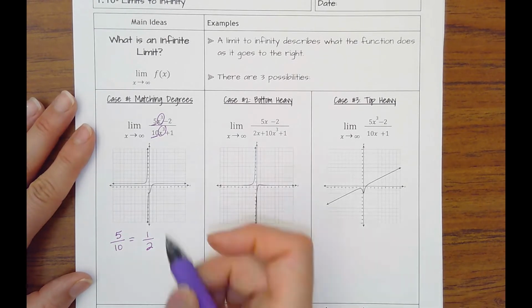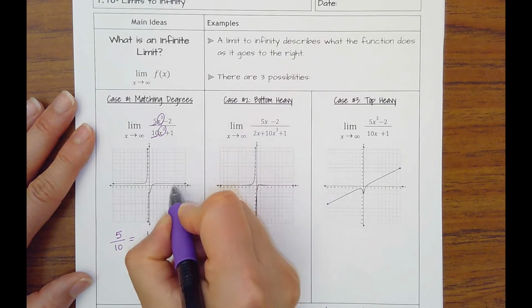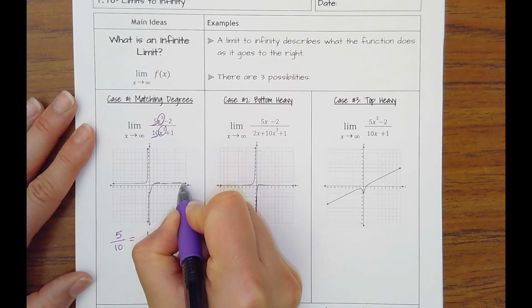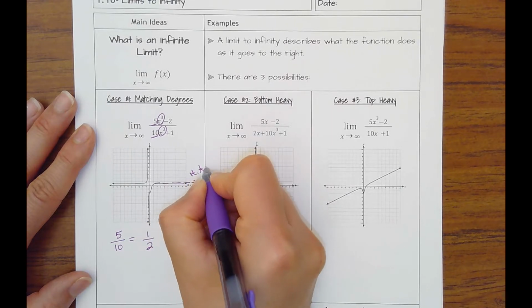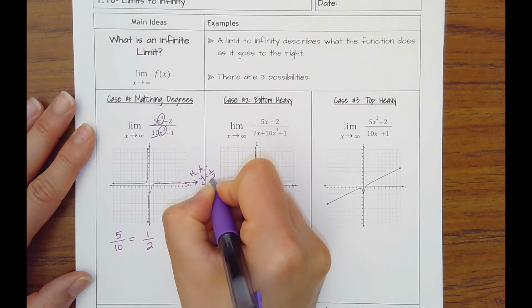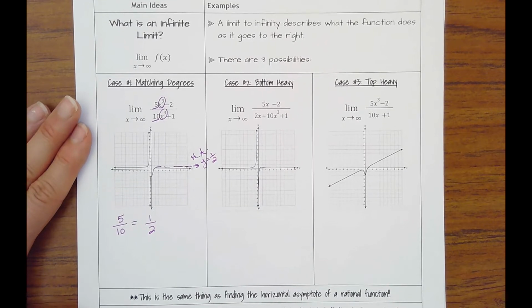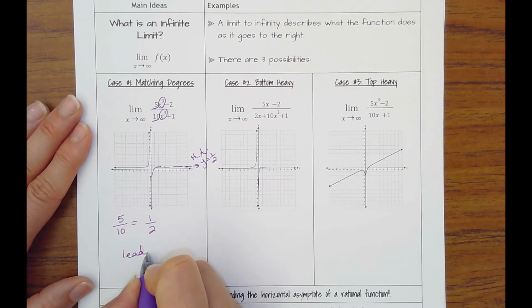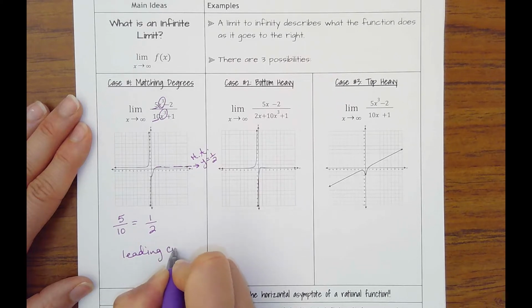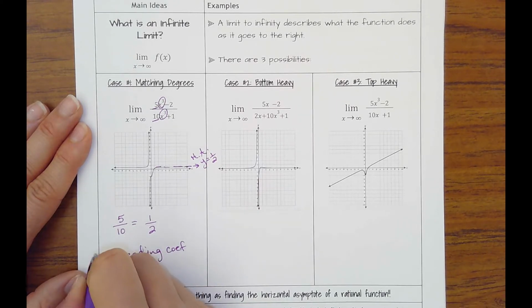So this limit, as x is going to the right, means there's a horizontal asymptote here at y equals 1/2. Okay, so you better put that somewhere in your notes, that you're going to divide the leading coefficients.